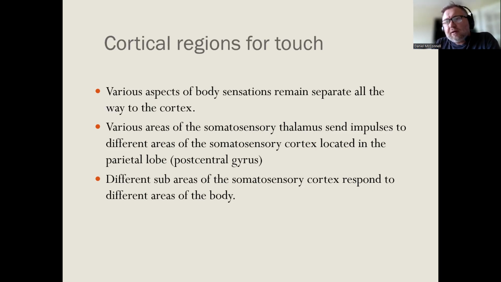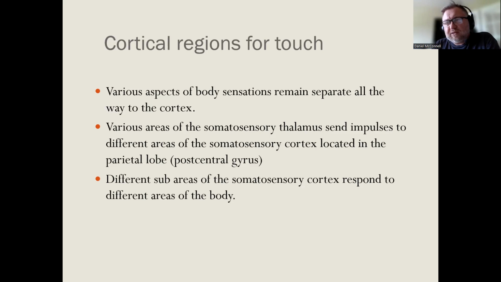And if you recall, we have already mentioned the importance of the thalamus as being a relay center for things like we had the LGN, lateral geniculate nucleus, for the visual pathway, and then there was the MGN, the medial geniculate nucleus, for the auditory pathway. And here we have the somatosensory thalamus, and this is going to be a pathway that takes the tactile information and relays it to the cortex, what we call the somatosensory cortex, like the visual cortex and auditory cortex.